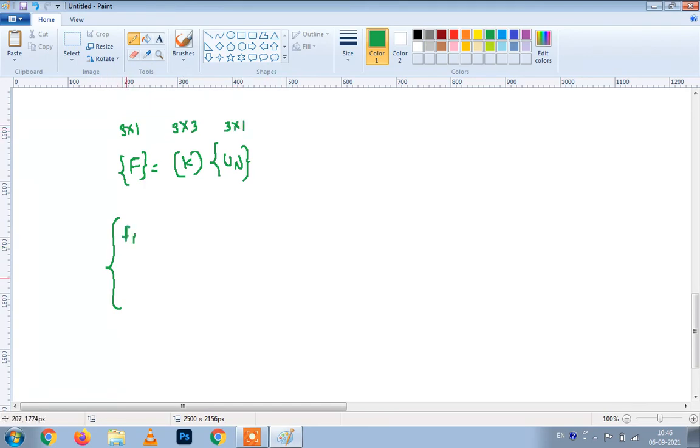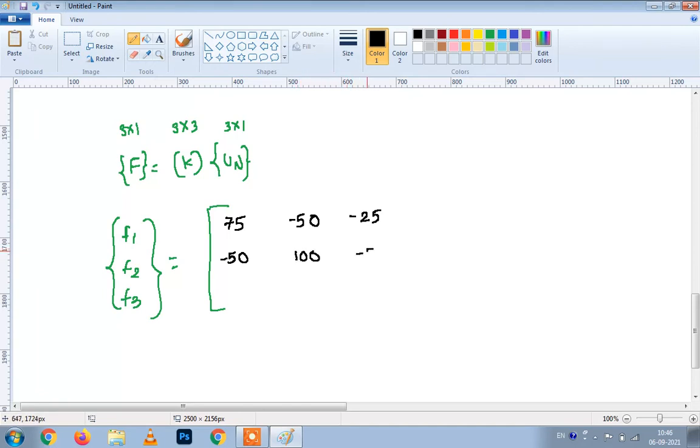Now the force F1, F2, F3 is equal to this stiffness matrix we have just derived. I will write here only the final figures: 75, minus 50, minus 25; minus 25, minus 50, 100, minus 50; minus 25, minus 50 and 75.